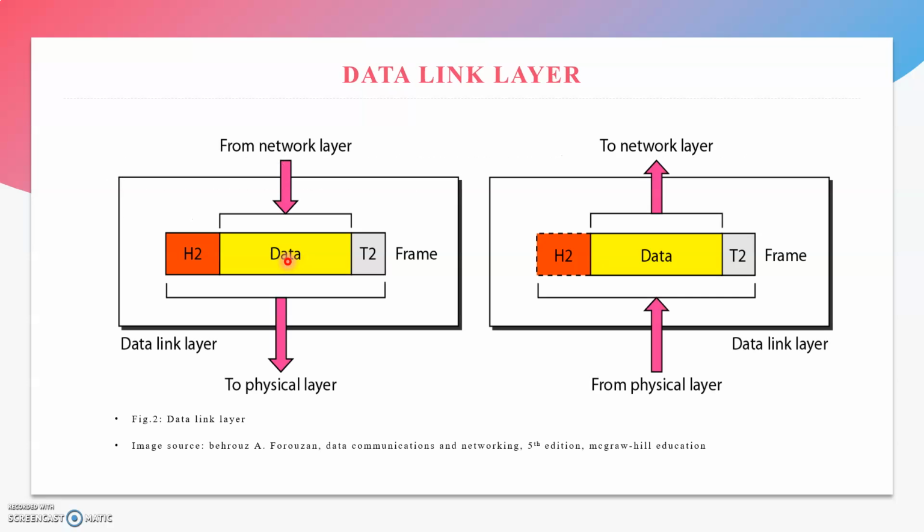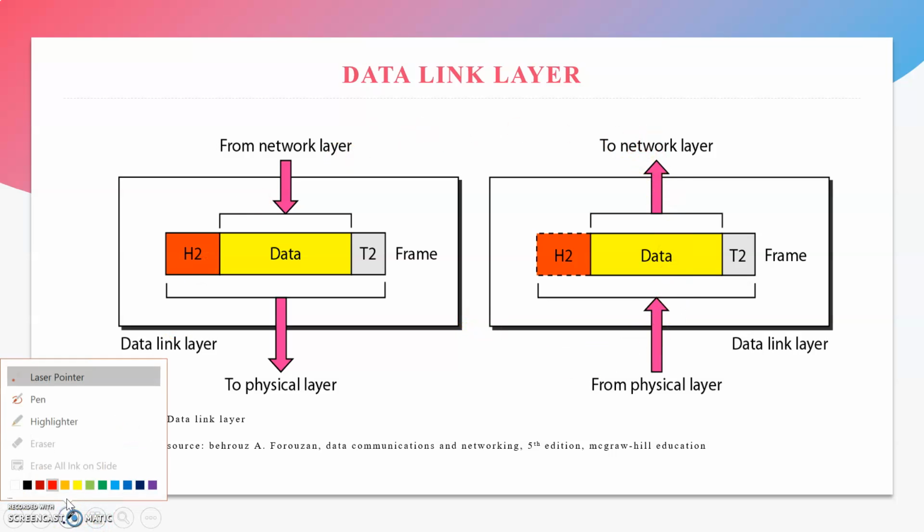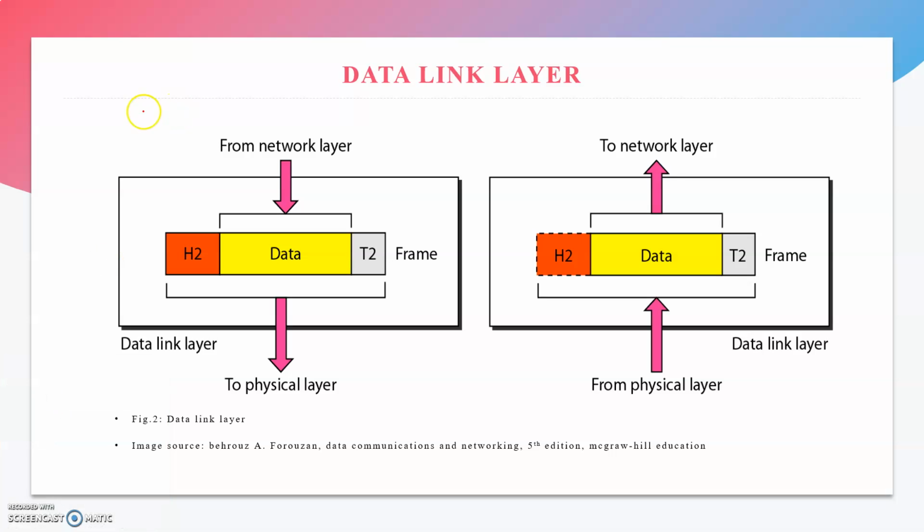As we discussed earlier, each and every layer receives services from the lower layer and provides services to the upper layer. Again in this figure, one is the sender side and the other is the receiver side.